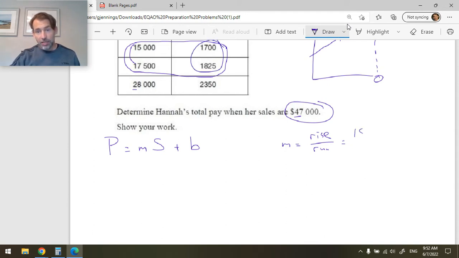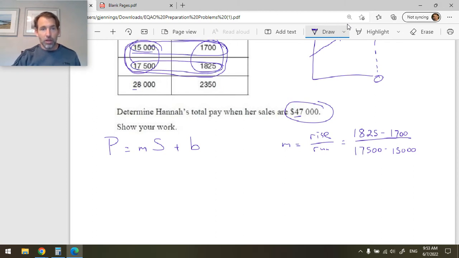So that would be 1825 minus 1700, divided by 17,500 minus 15,000. Okay, notice that these two are over each other in the formula here, and these two are over each other in the formula there. You have to get them lined up in the right way in order for this to work.